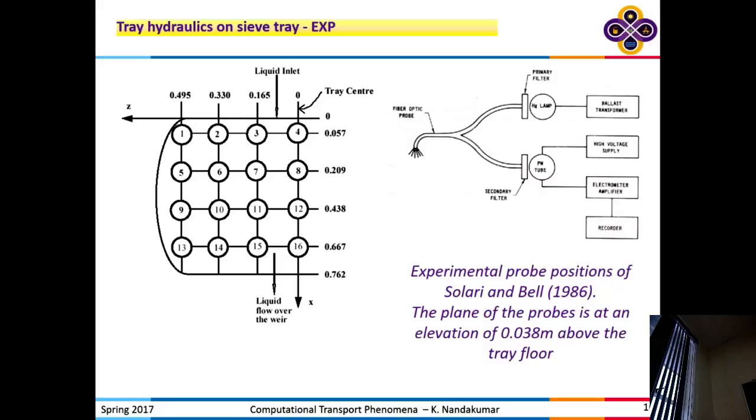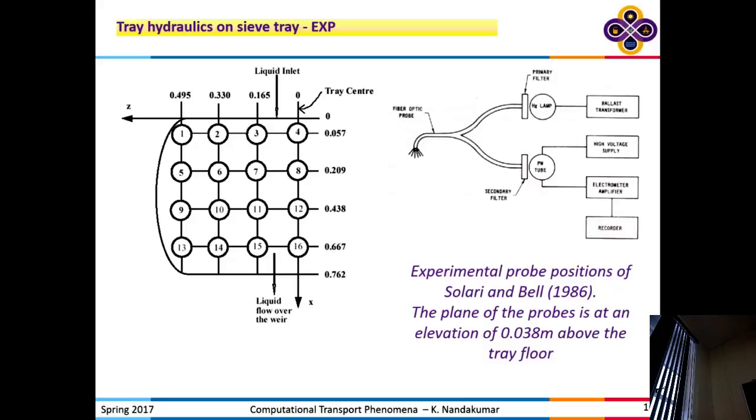Essentially they shine a light, and the reflected light gives you a measure of what fraction is liquid, what fraction is vapor. They put this in different locations, for example, at 4 and 8. Then they put a tracer, and they see when this tracer passes point 4, and then when this tracer passes point 8. So by the time it takes to travel from here to here, they know the distance.